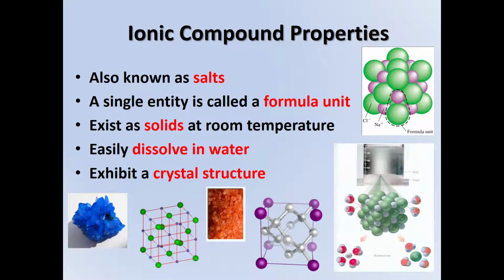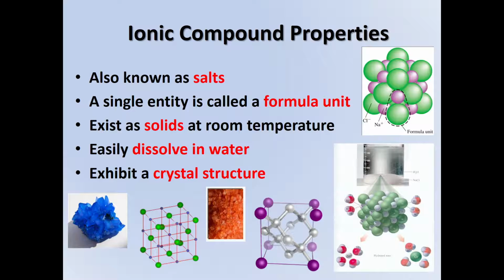So, ionic compounds are also known as salts. The word salt isn't used quite a bit, and for some formulas, like baking soda or sodium bicarbonate, we usually don't think of them as being a salt. It technically is.